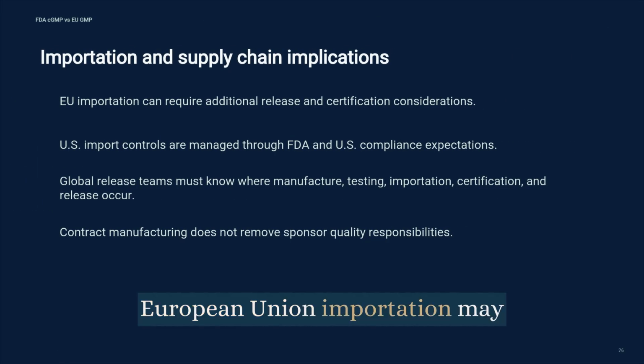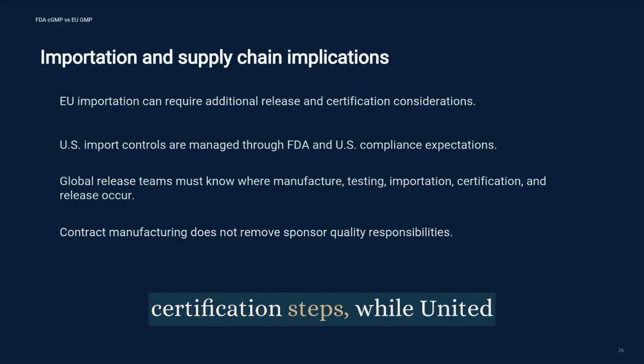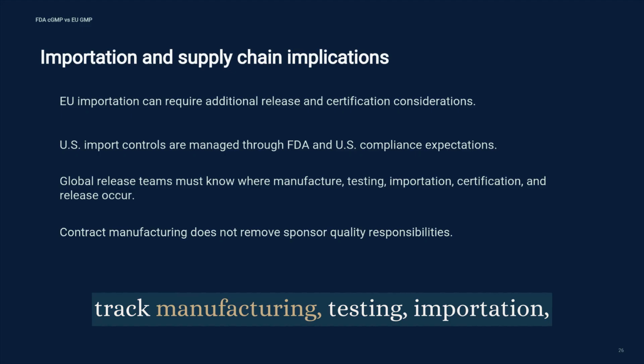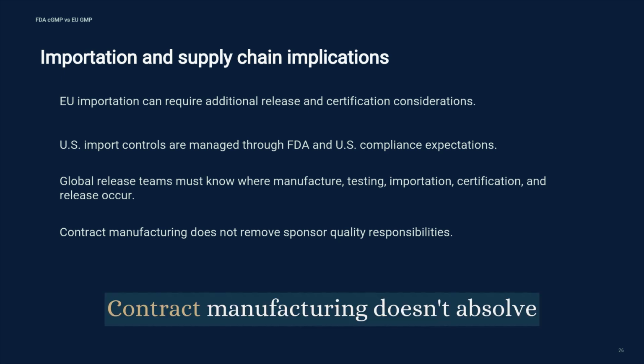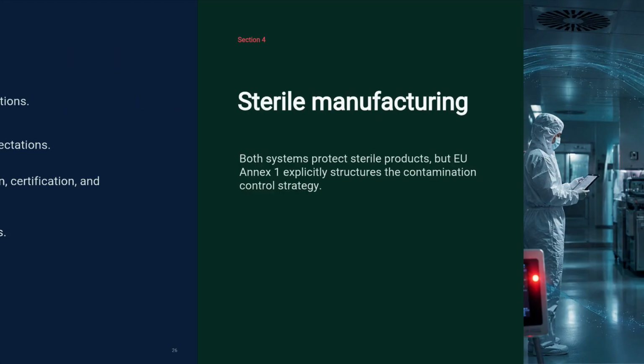European Union importation may need extra release and certification steps, while United States import controls align with Food and Drug Administration standards. Global release teams must track manufacturing, testing, importation, certification, and release locations. Contract manufacturing doesn't absolve sponsors of quality duties.